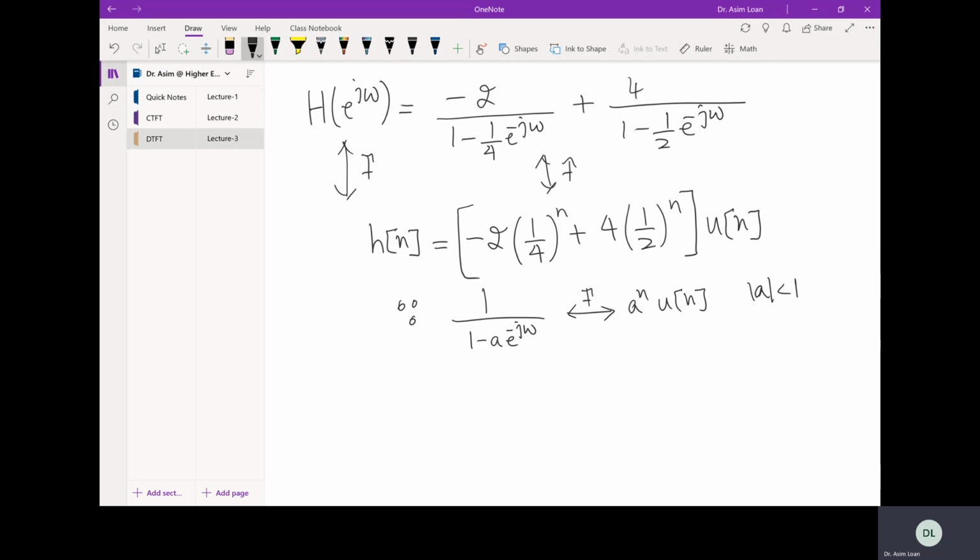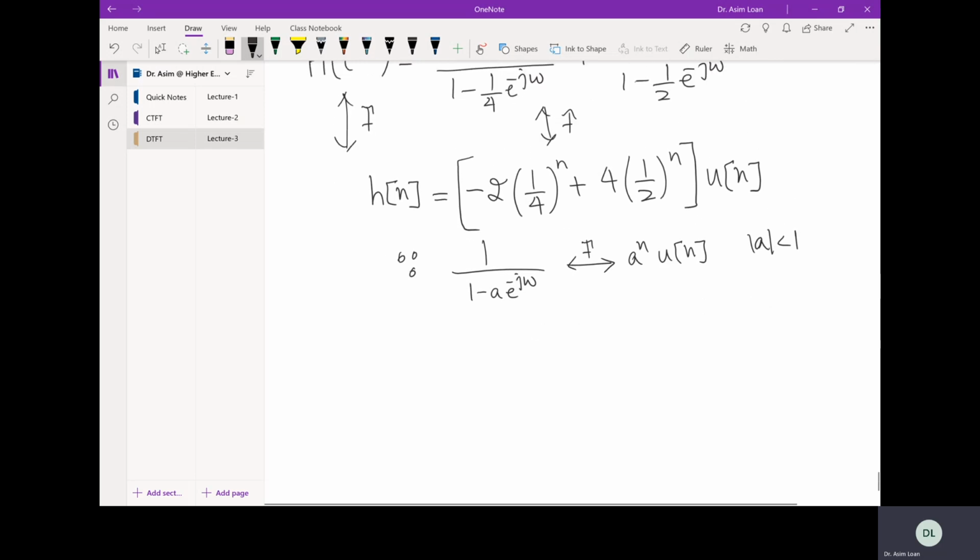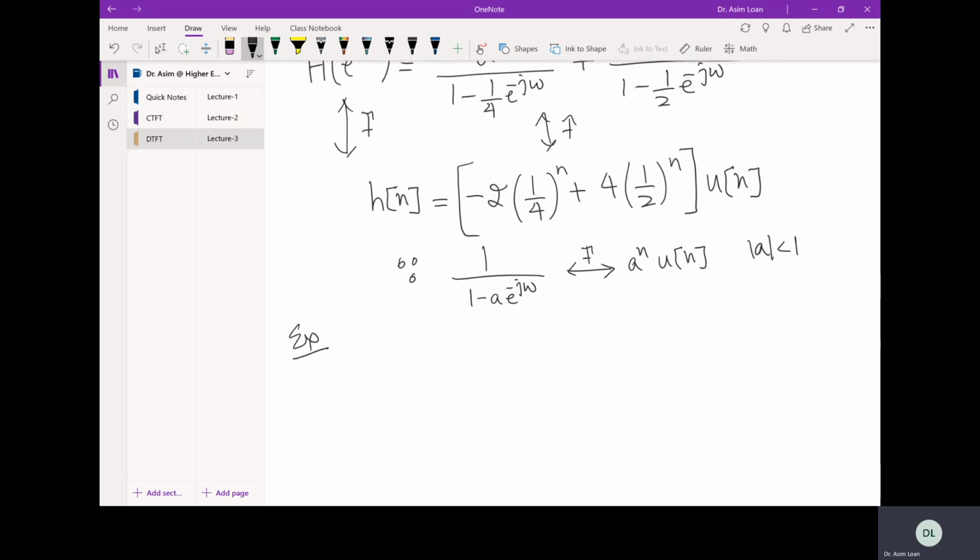Okay, the last example is exactly the same one that we did for the continuous time Fourier transform case. What happens if x of n is 1 over 4 to the n u of n?